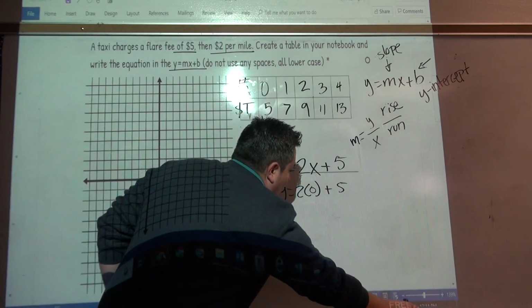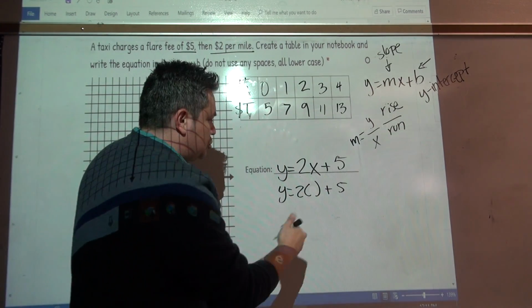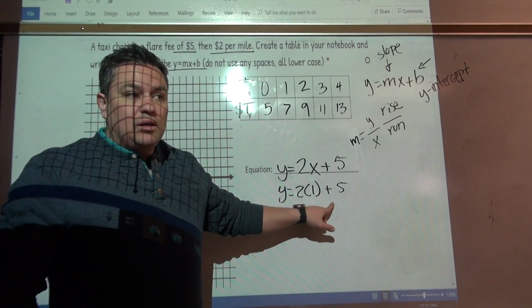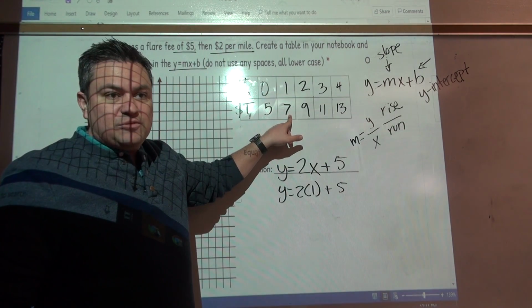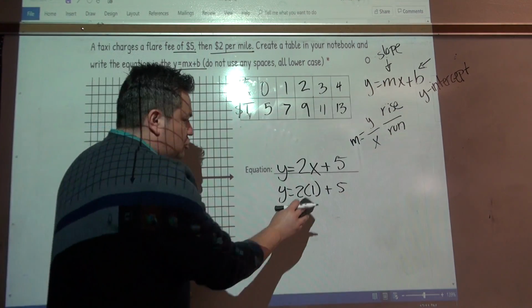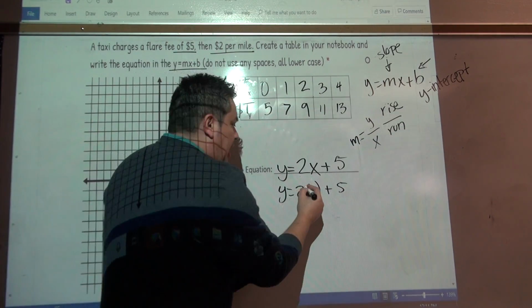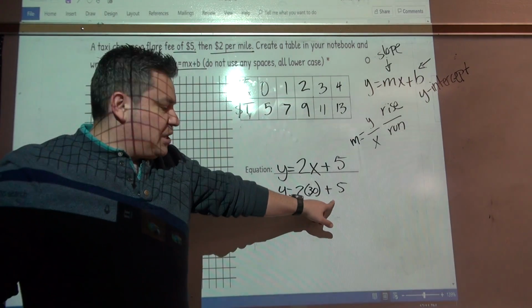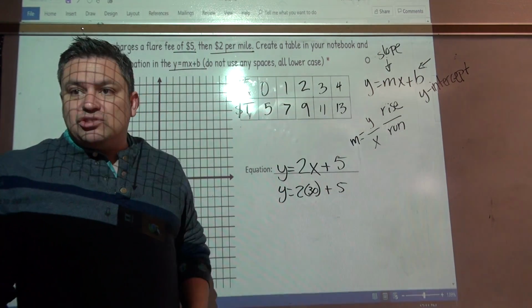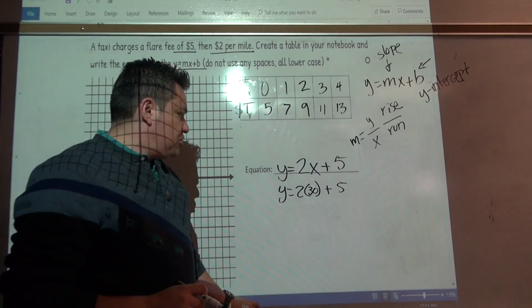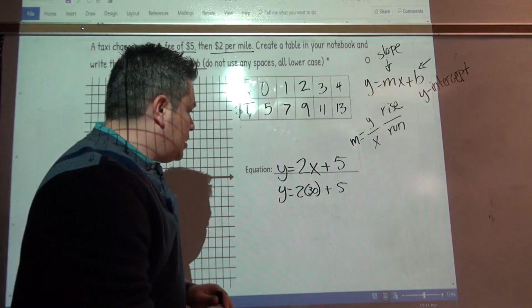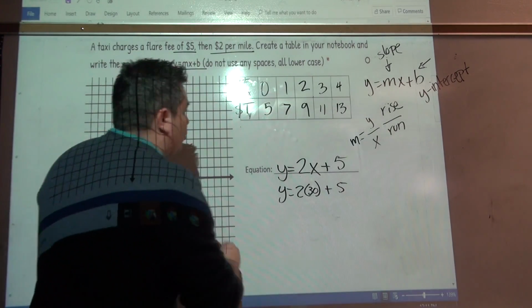What if I put a 1 right here? 2 times 1 is 2. 2 plus 5 is 7. Is that what I got over here? That's my y. What if I have 30 miles? 2 times 30 is 60, plus 5 is 65. So you can put whatever number of miles you want into the x, and you'll know how much you have to pay.